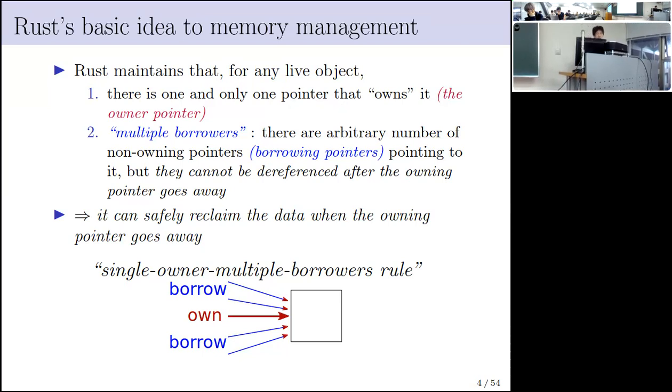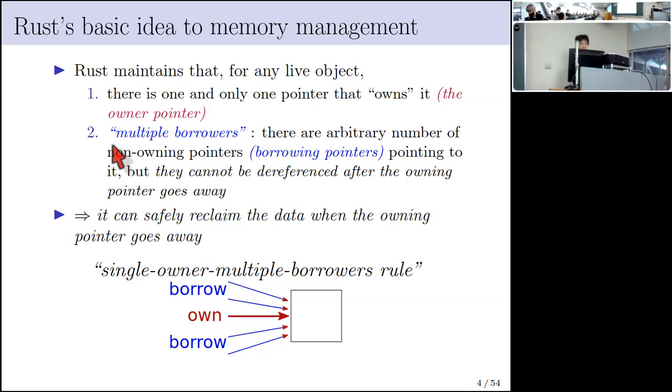It is called the owner pointer, or owning pointer. Basically, there's exactly one pointer that determines the lifetime of the object.